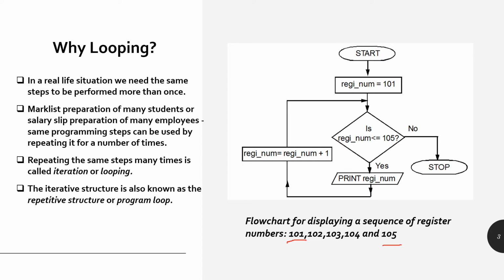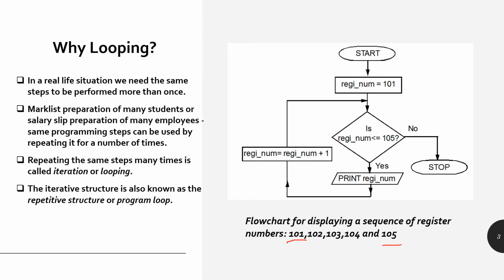So there, that task is going to be the same: keep on printing the numbers in a sequence. So this is the flowchart for that particular task. How that is implemented, let us see.